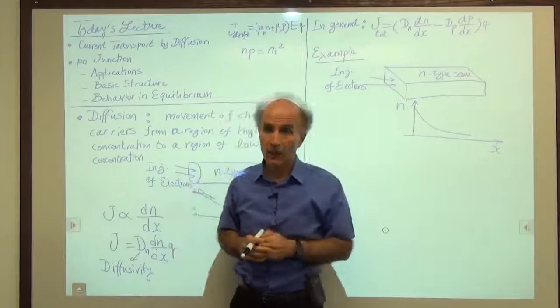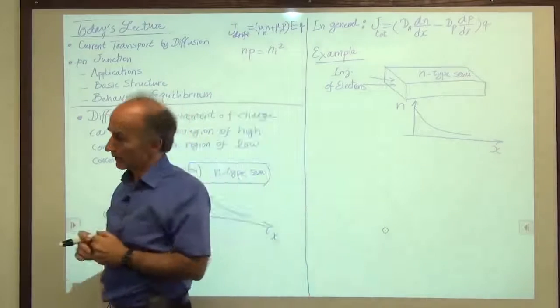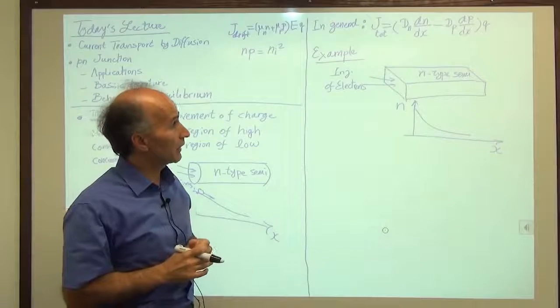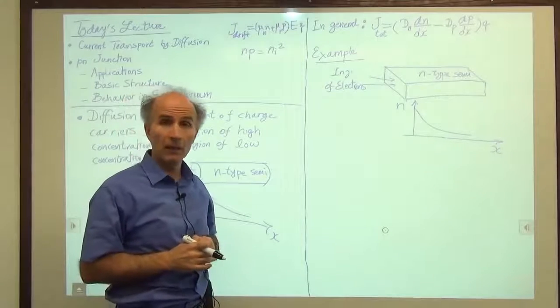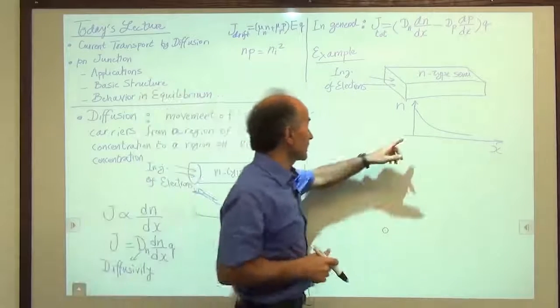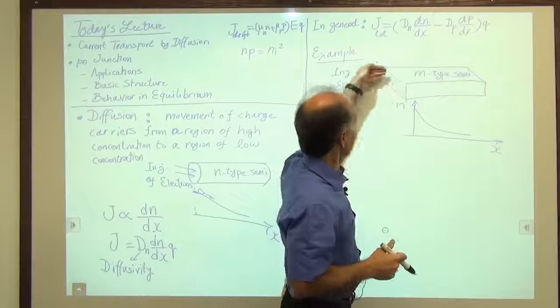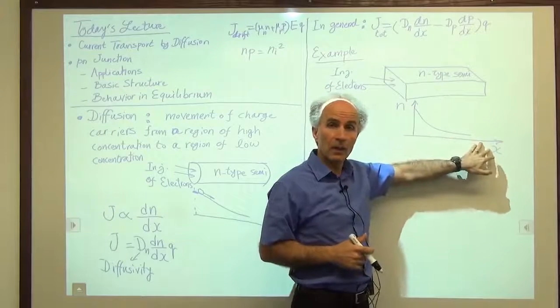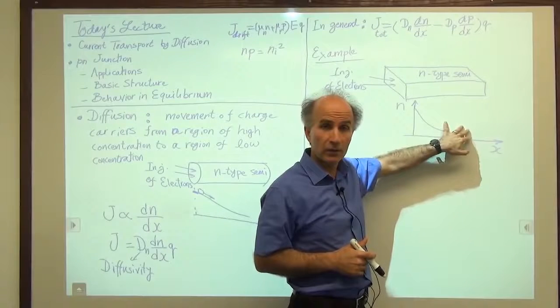All right, now what we would like to do is plot the current, the diffusion current resulting from this concentration gradient. The concentration is not constant. Here we have the highest because we're injecting the electrons right here. And the concentration keeps going down in a nonlinear fashion.